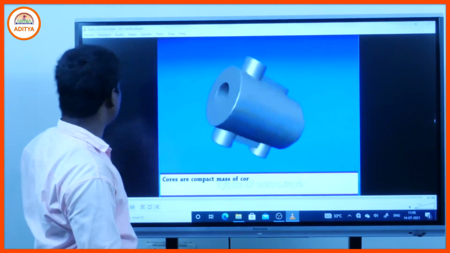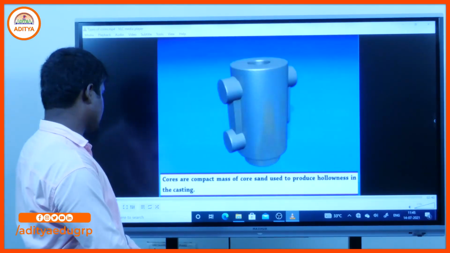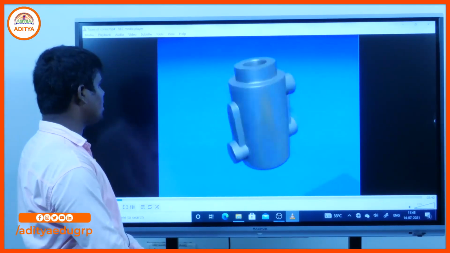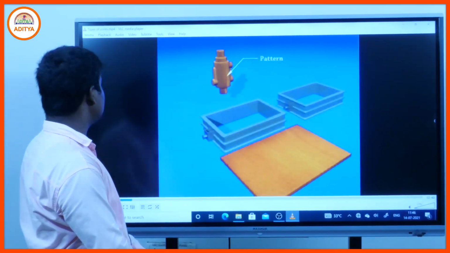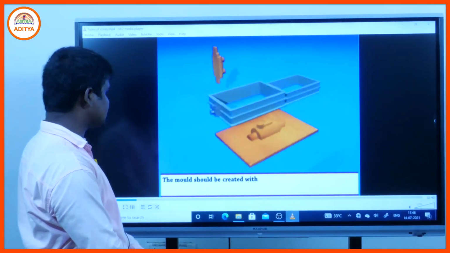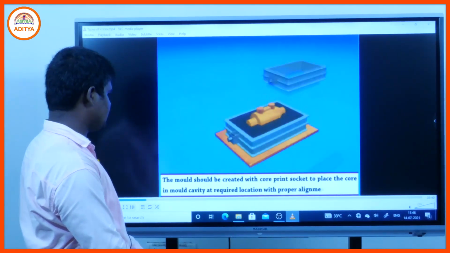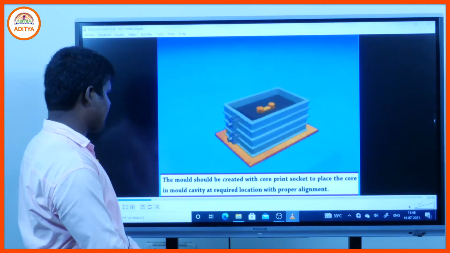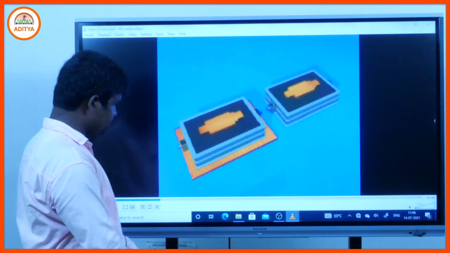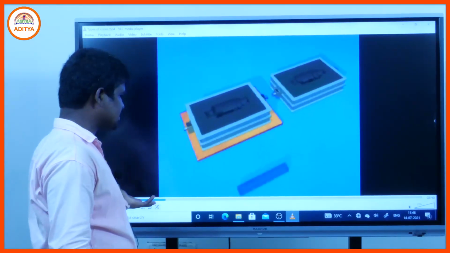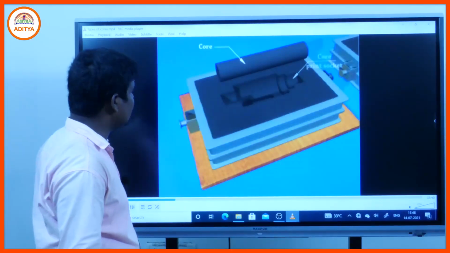So in that video we are showing the different types of cores. A core is used for producing the internal features in that particular casting process. Here the core will be kept horizontally. One part is kept in the cope of the mold, and the other part is kept on the drag side.